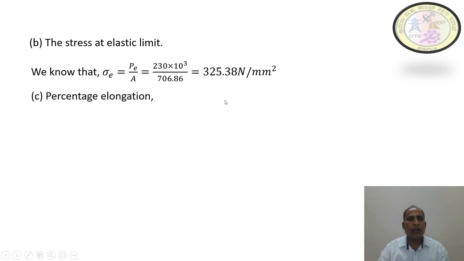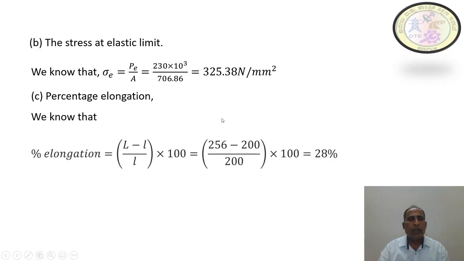Then percentage elongation. We know that percentage elongation is the ratio of L minus l by l, where L is the total length and small l is the original length. This L minus l gives us the total extension. L is 256 and small l is 200.